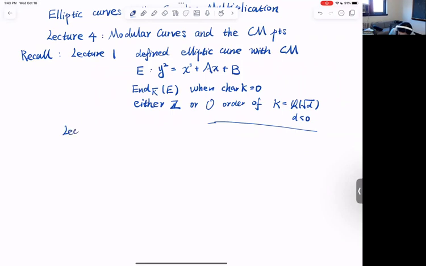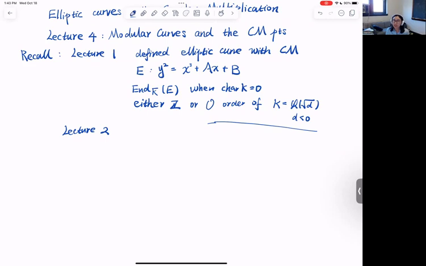And then in lecture 2, so in lecture 1, what we did is we defined the elliptic curve and studied the structure of their endomorphism ring. And we discussed that the only possibilities are either Z or an order of an imaginary quadratic field when the characteristic was 0.